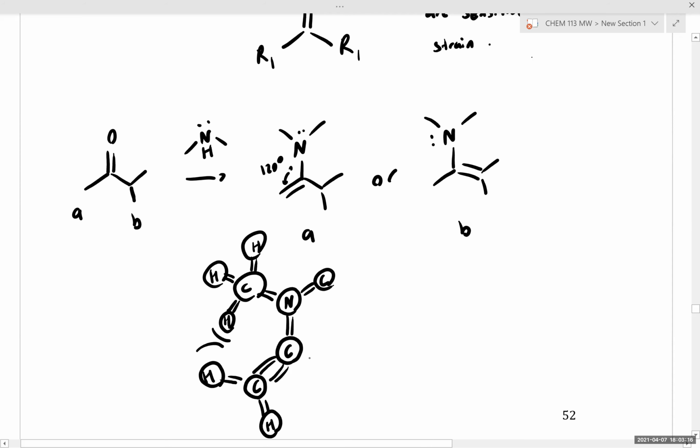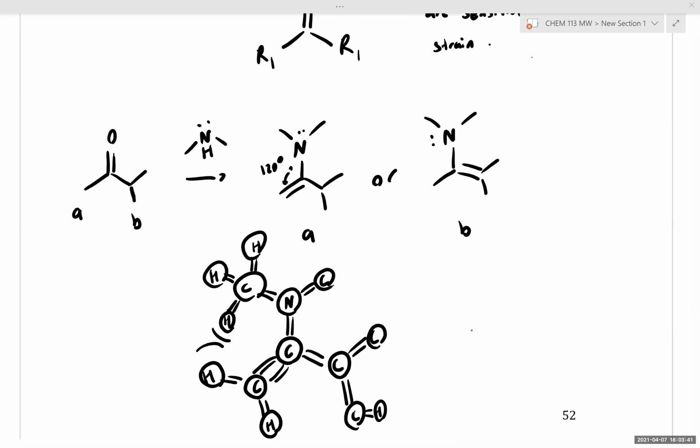Okay? This isopropyl group is free from this planar system. If we look at structure B, we have this highly substituted alkene.